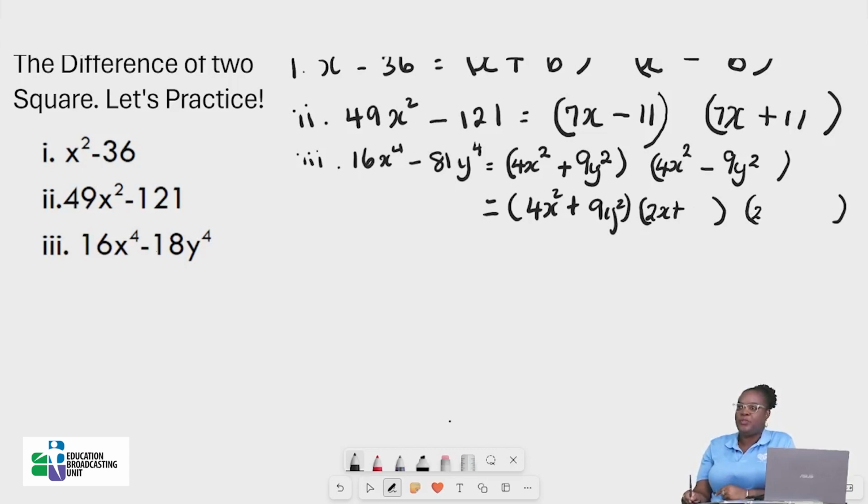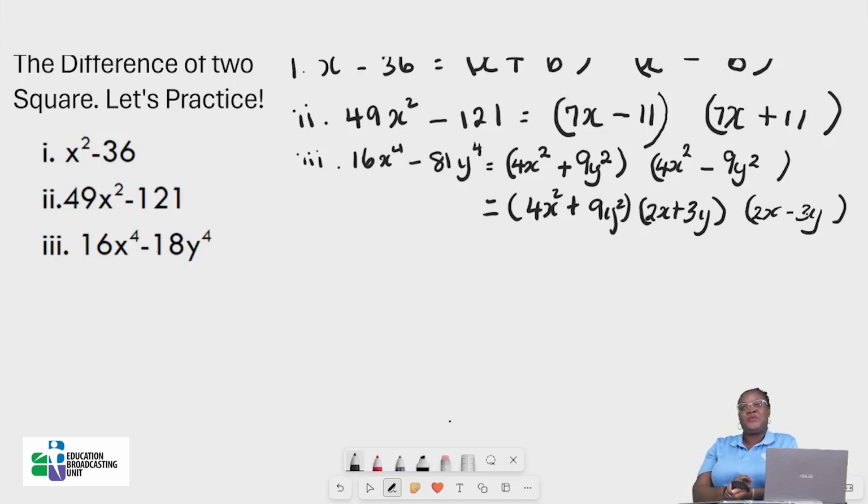And we write that in both brackets. And remember our operation signs. And the square root of 9y squared would be 3y. So here we have it, our factorization of our 3 expressions. It wasn't that hard now, was it?